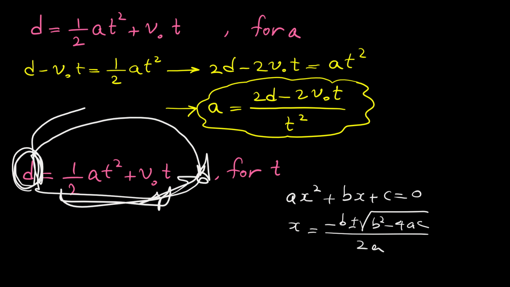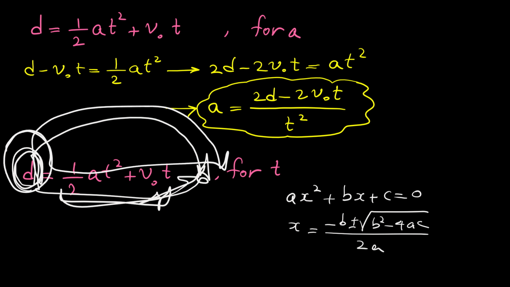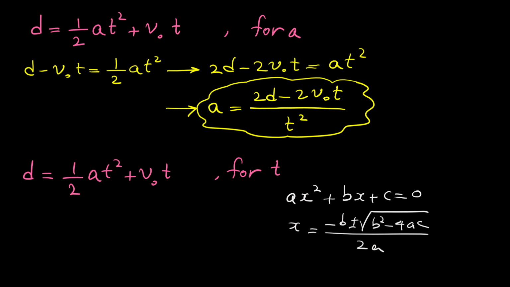Because when we move d to the right, nothing is left on the left, so the left side is 0. So by moving everything to the right, we have 1/2 at to the 2 plus v0t minus d equals 0.